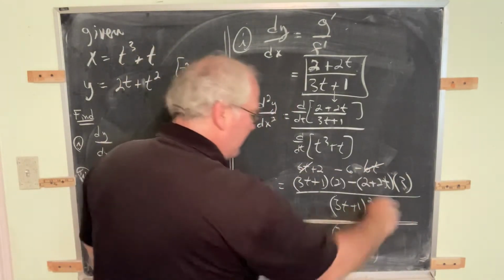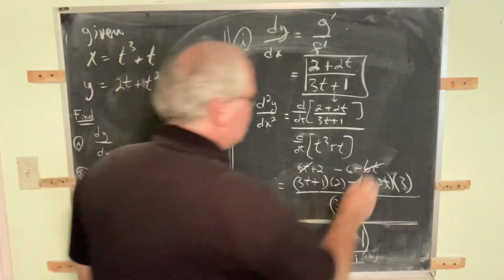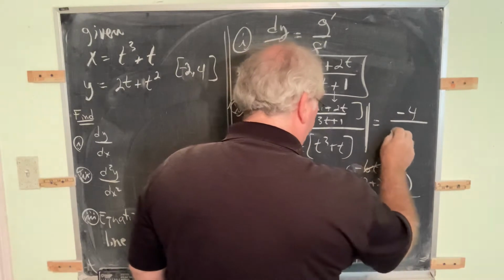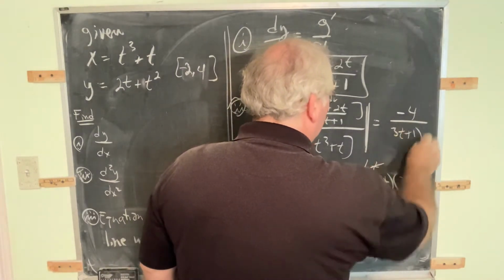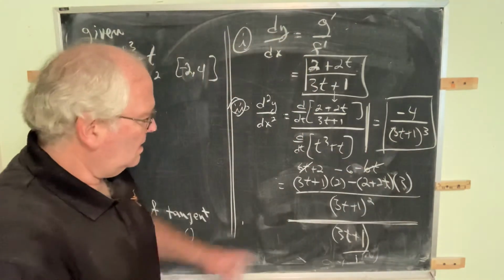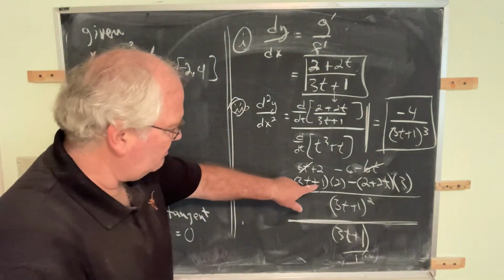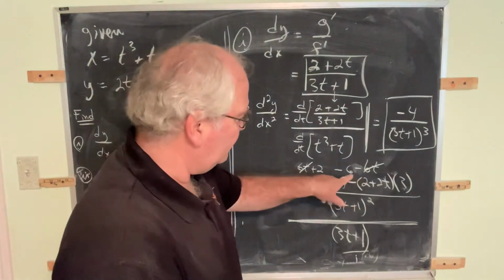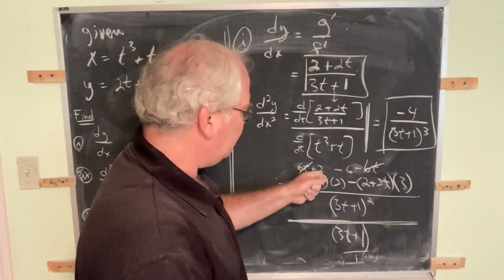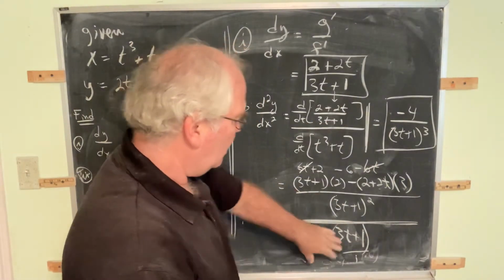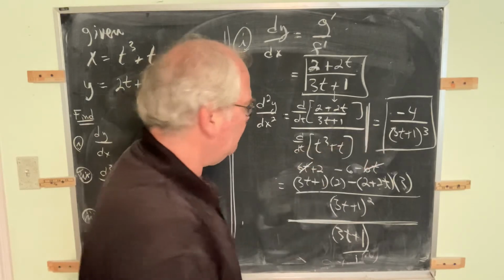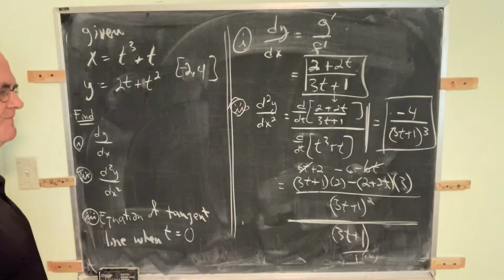You multiply by the reciprocal, and so I think this works out to be -4 over (3t plus 1) to the third power. If I distribute it correctly, 6t plus 2, -6 minus 6t, the 6t's cancel, -6 plus 2 is -4 in the numerator. Multiply by the reciprocal and add those exponents. I believe that's the correct value for the second derivative.